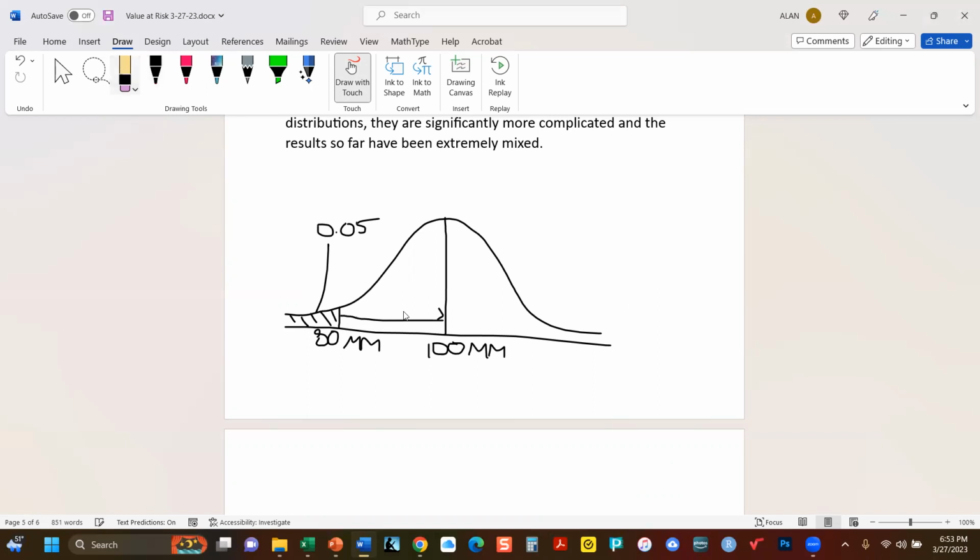How far could it go down if things go wrong? Okay, so that's not too terrible, I guess. So the question is, how do we find this point? Where did that come from?